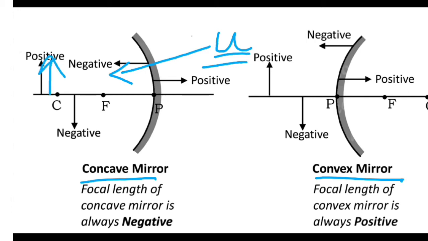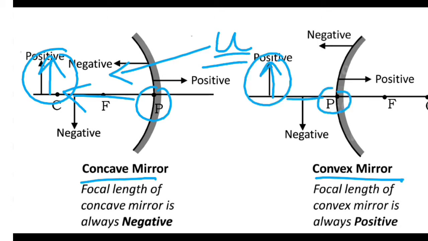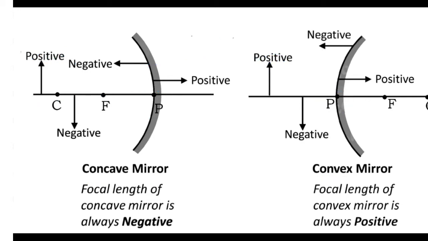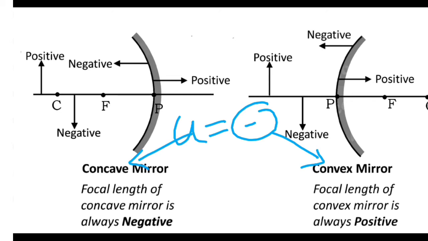If we consider this is the object, then from pole to the left, it is always lying pole to the left, in both cases. So we have to consider it as negative because it is in the left side direction. So U is negative for both concave and convex mirror, because it is always on the left side of the mirror.